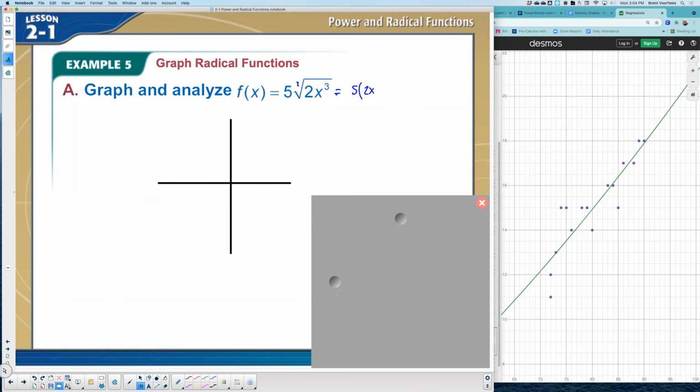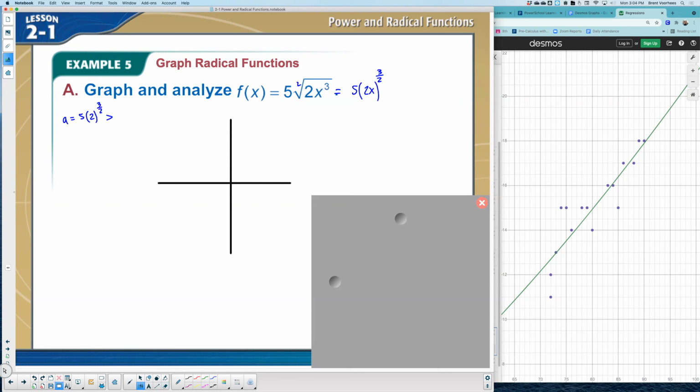Now the square root means divide by the power of 2, so it'd be the power of 3 halves. So it is one term, but it's a little bit tricky in the sense that truthfully the a value is not 5, it's actually 5 times 2 to the 3 halves power. Okay, so my a term is 5 times 2 to the 3 halves power.